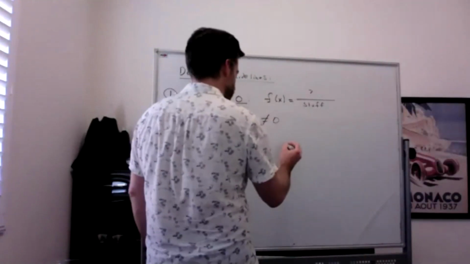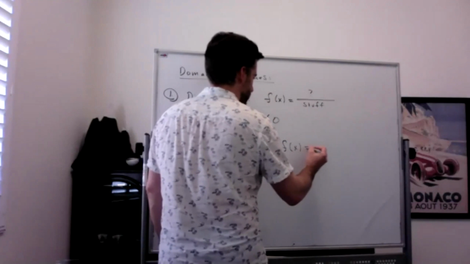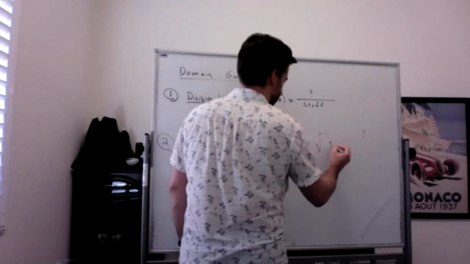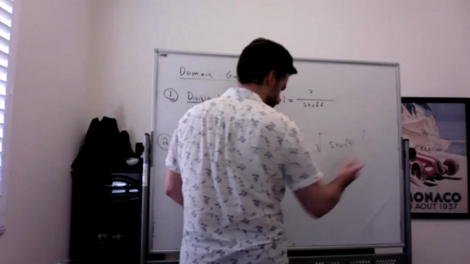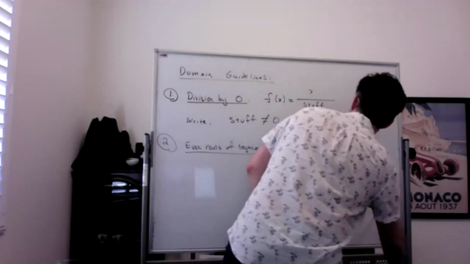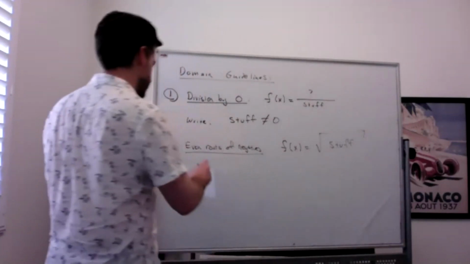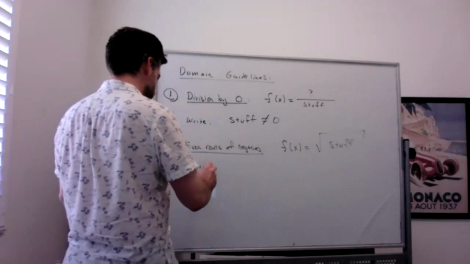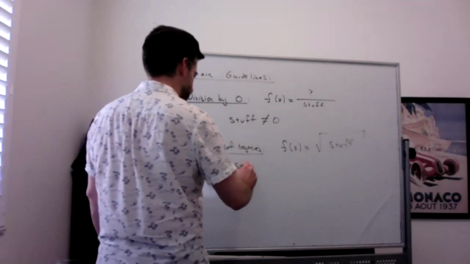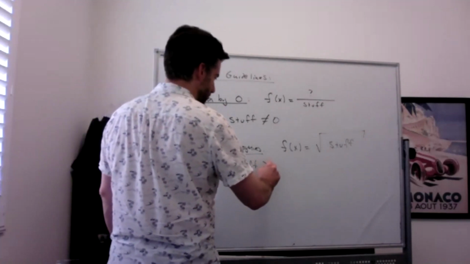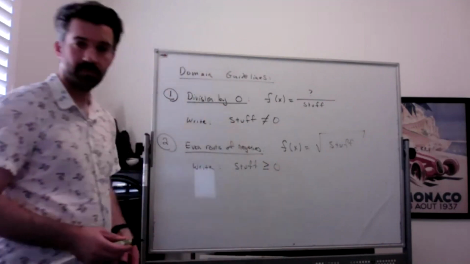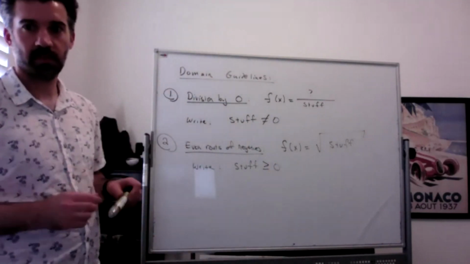So if my function f of x is the square root of some stuff, then what I'm going to say is that I want the stuff to be greater than or equal to 0. Right?